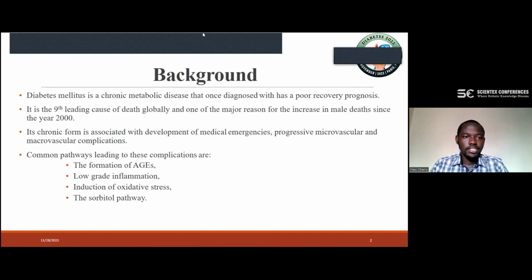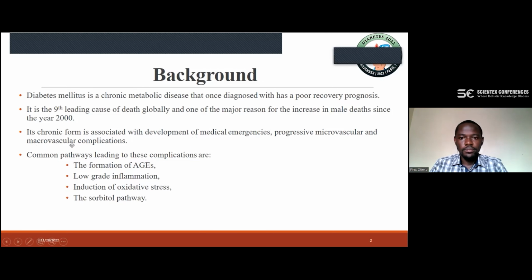Chronic diabetes mellitus is usually associated with medical emergencies, the likes of diabetic ketoacidosis and ketotic hyperosmolar state, progressive microvascular complications like retinopathy, nephropathy, neuropathy, and macrovascular complications, which include hypertension.